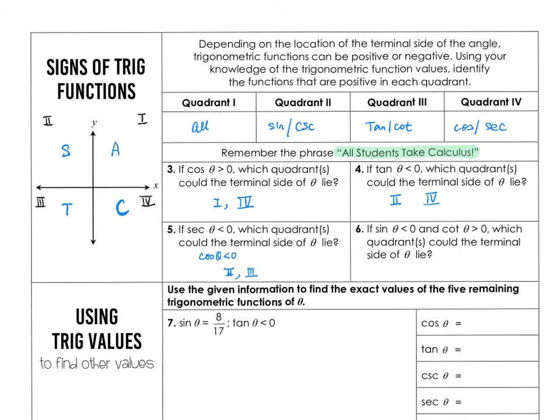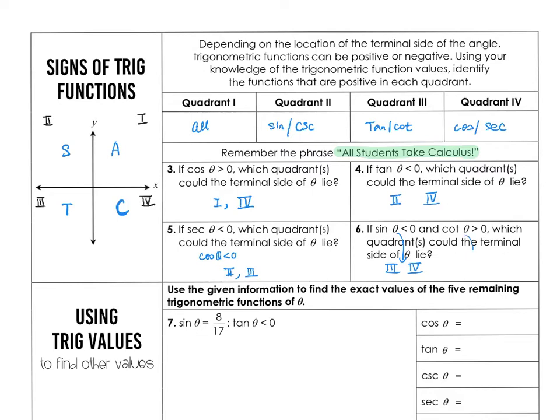Last one is if sine is less than 0 and cotan theta is greater than 0, which quadrants could the terminal side of theta lie? So for sine to be less than 0, it can only be third and fourth. That's sine theta, right?